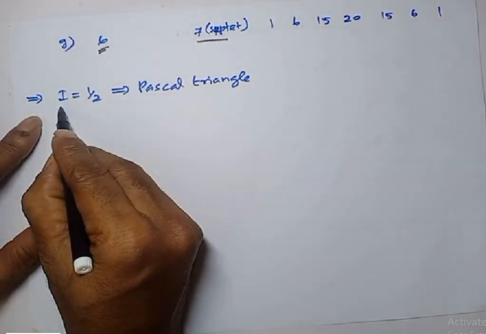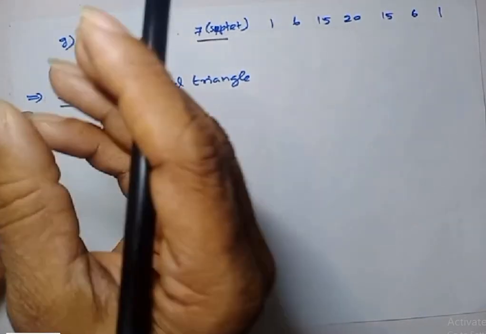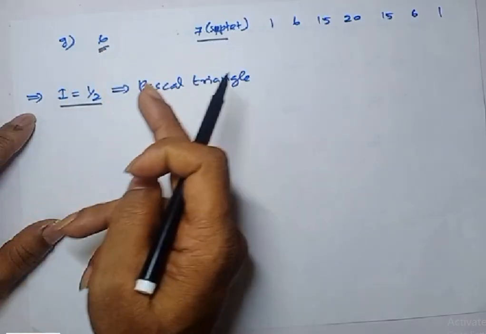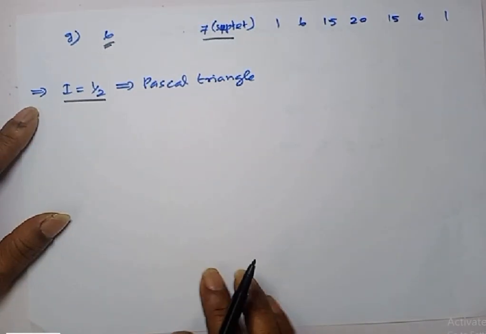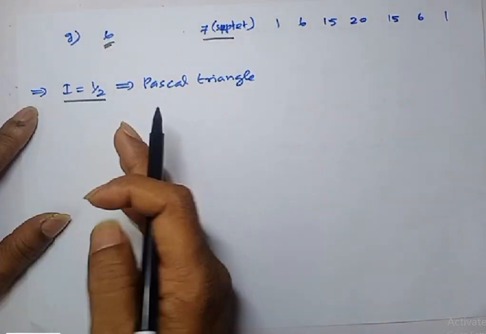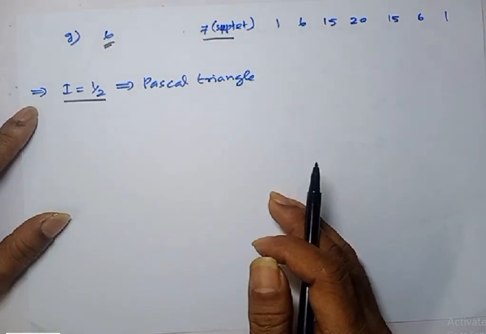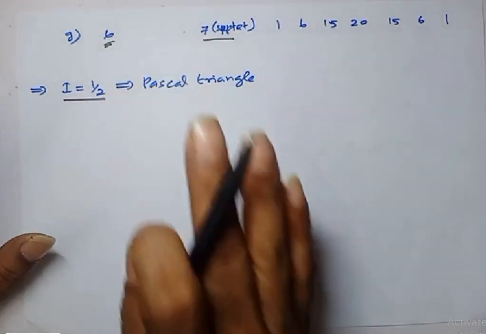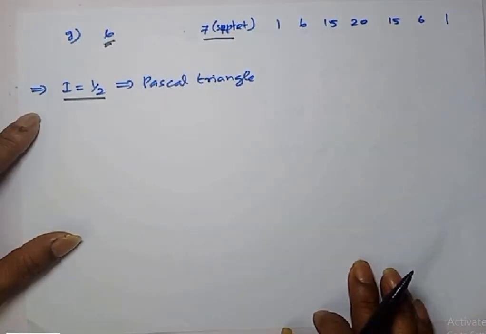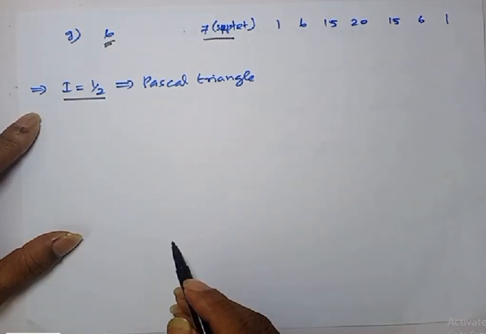This Pascal triangle is applicable for NMR active nuclei having I value of half. If the I value is 1 or 3 by 2 etc., then we have what is called a non-Pascal triangle. I'm going to give you the Pascal triangle now.